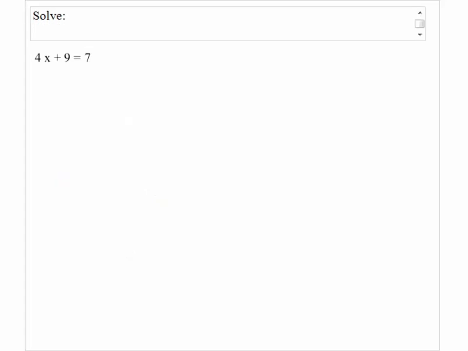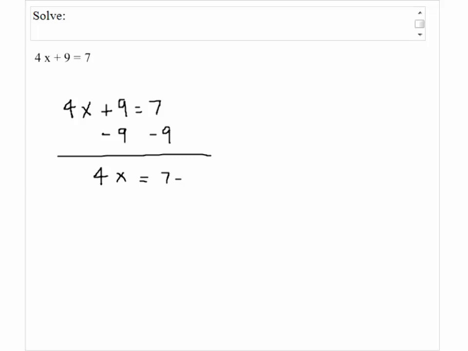Solve for x. We have 4x plus 9 is equal to 7. To isolate x, we need to eliminate plus 9 here. So if I subtract 9 from both sides of the equation, I will get 4x on the left-hand side, and on the right-hand side I will get 7 minus 9.